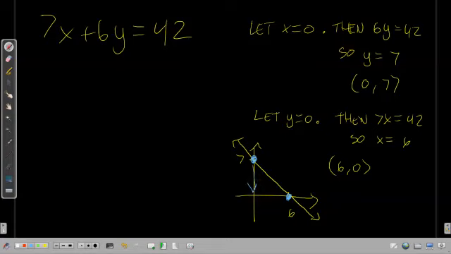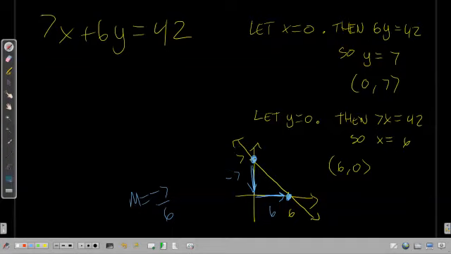How much is my rise? How much is my run? It's very easy to read it off when you're dealing with the intercepts. My rise is minus 7, my run is 6. I had to go down 7 units. I had to go over 6 units.